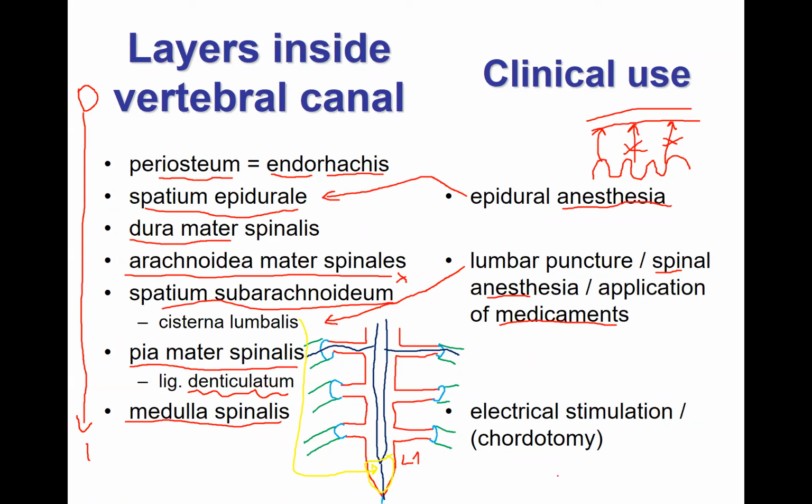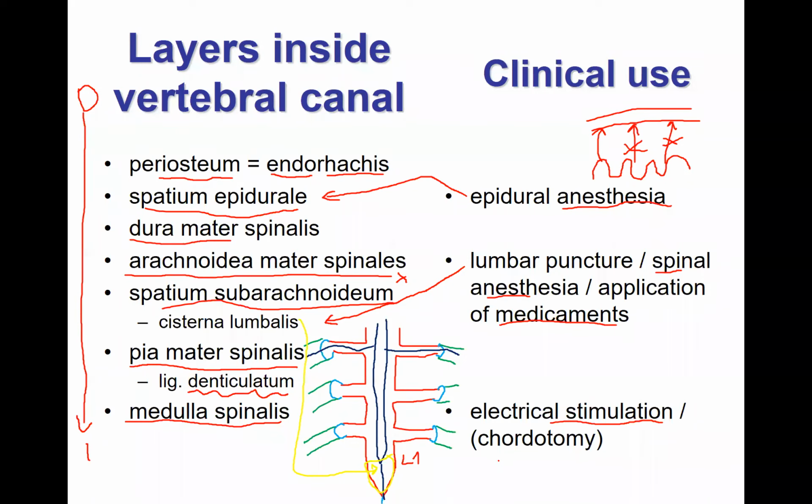And then, of course, you can get directly inside the spinal cord, and we use this as an electric stimulation in chronic pain. If the other approaches do not work, then you can put a needle inside a special area in the posterior horn. You can stimulate there, and it can suppress the pain.